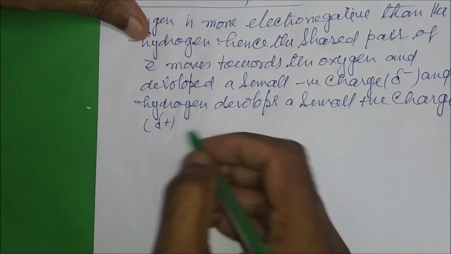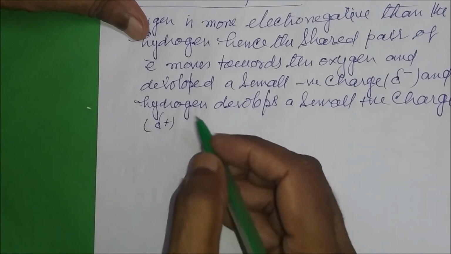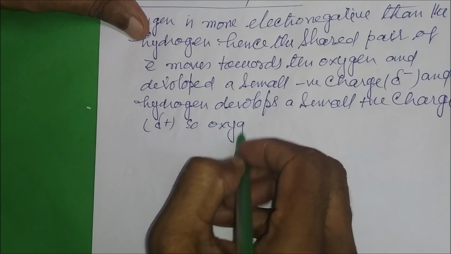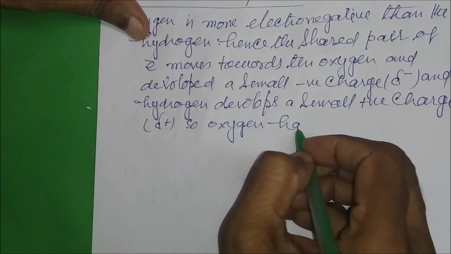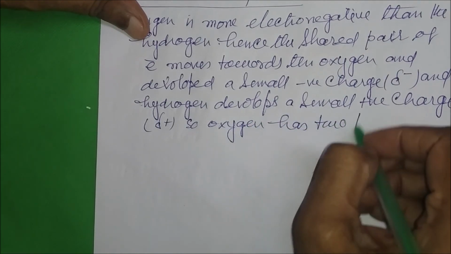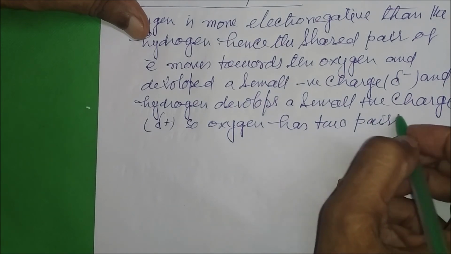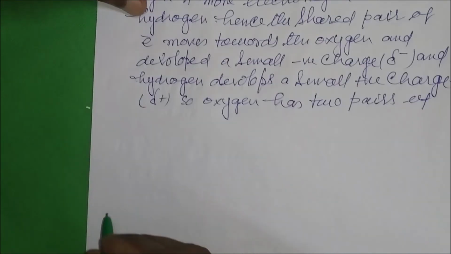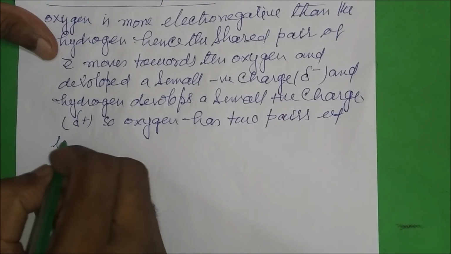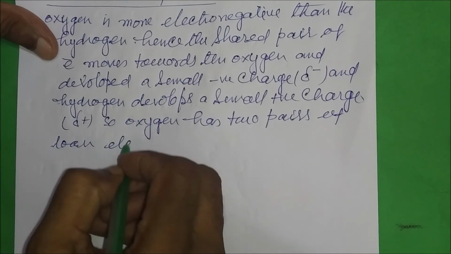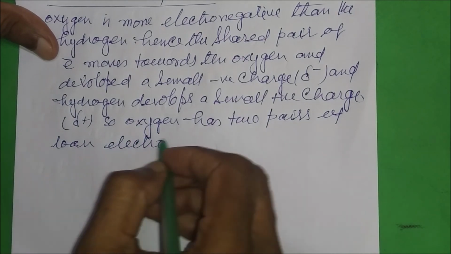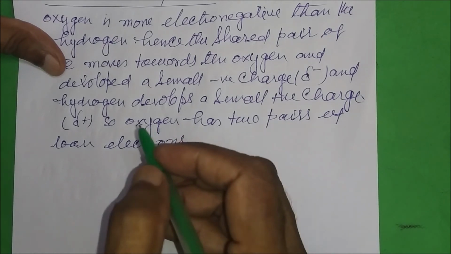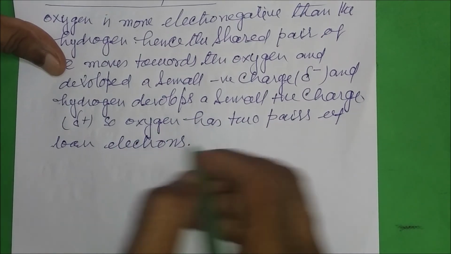So oxygen has two pairs of lone electrons, right?